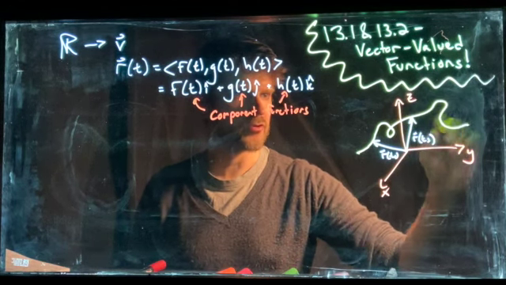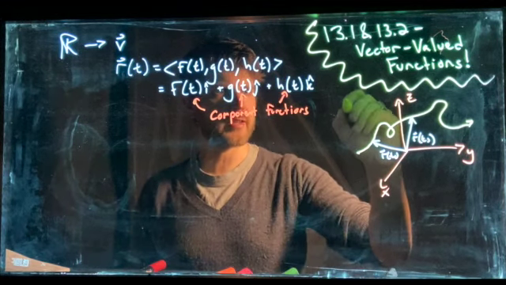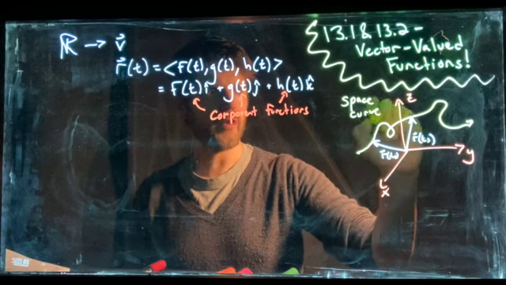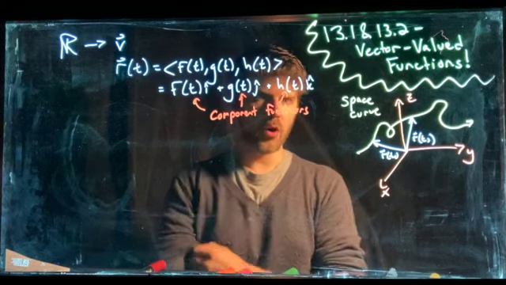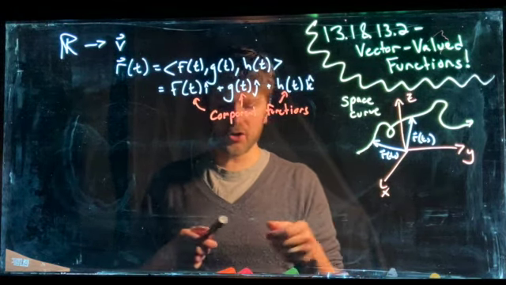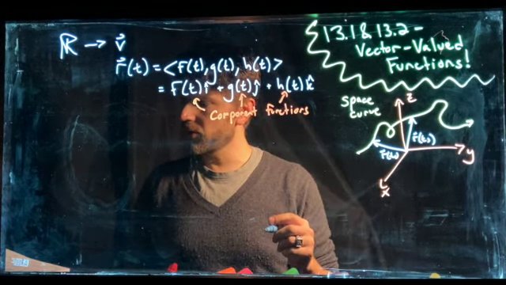And maybe it does some interesting things. We call this curve a space curve. So often we will investigate what these space curves are, what they look like, and how we can describe them. Now, we can write these in a slightly different way that is maybe more in line with what we've already seen.